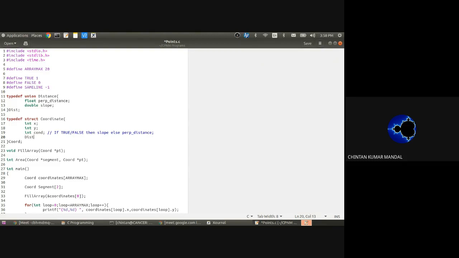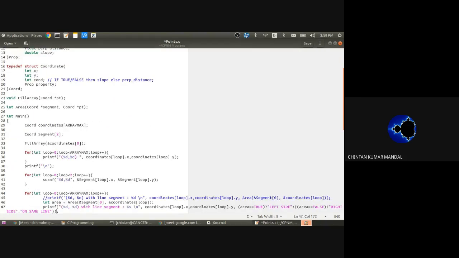So let's take for example this one will be properties. So this one will be prop, property. Okay. And this is going in.